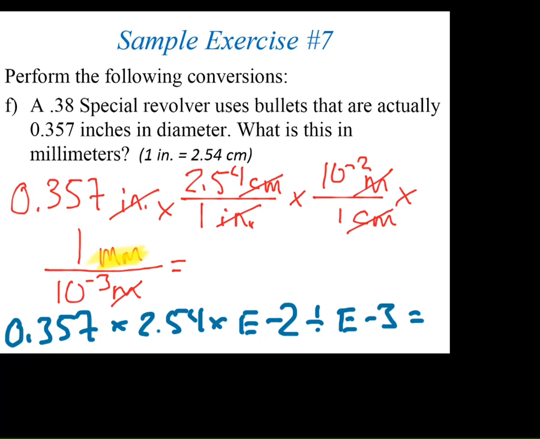And if your exponent key is giving you an error, then you may need a 1 before that exponent key. So again, some of you may need a little 1 in there. So I did it, and I got 9.0678. Is that what you got?